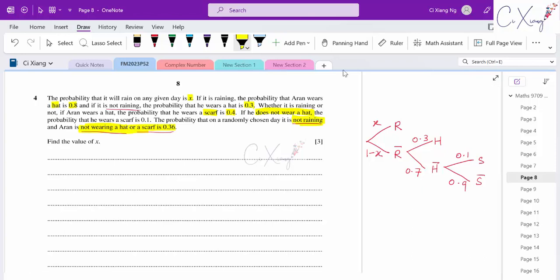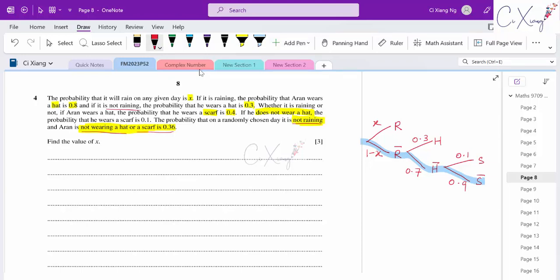Okay, so this pathway, follow this line: no raining, not wearing a hat, and no scarf. They are telling us that the probability of the whole line is 0.36.